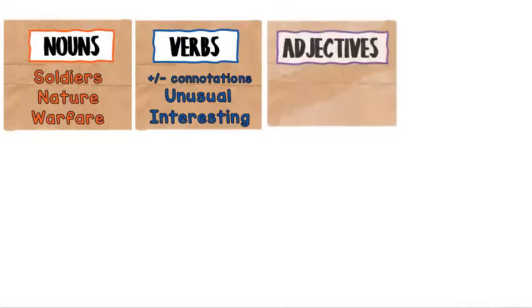I also look out for adjectives, and I like to highlight these. In particular, again, positive or negative connotations to do with how these words are describing the noun. So if you remember, adjectives, their job is to describe the noun.